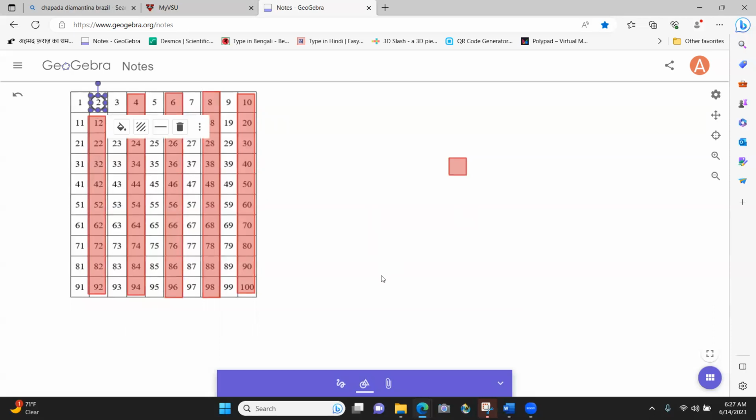I circle 3. 3 is a prime. I circle 3. I'm going to cross out every third number. So 6 is crossed out. I'm going to cross out 9. Then 12 is crossed out. I'm going to cross out 15.